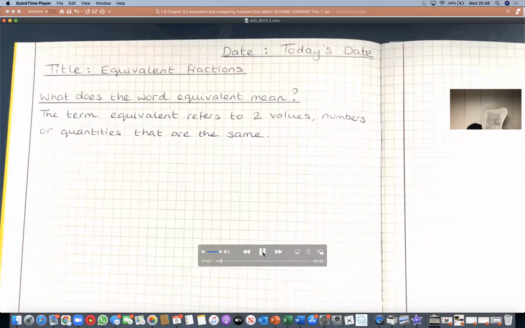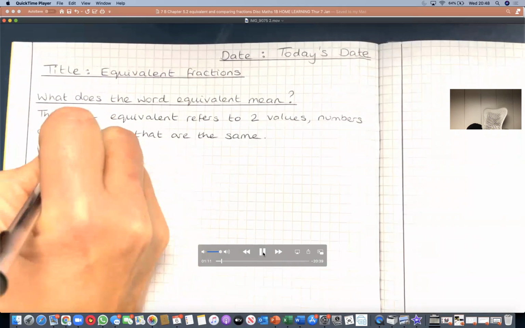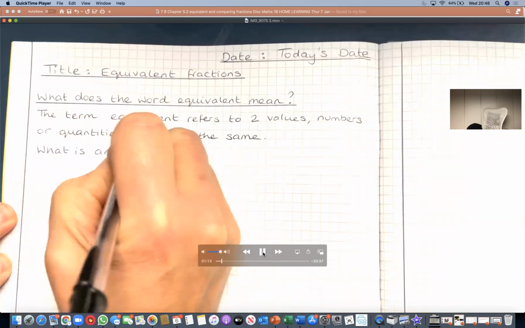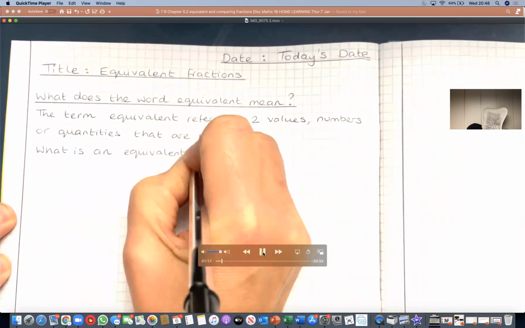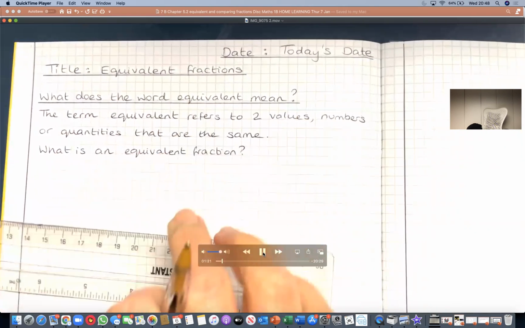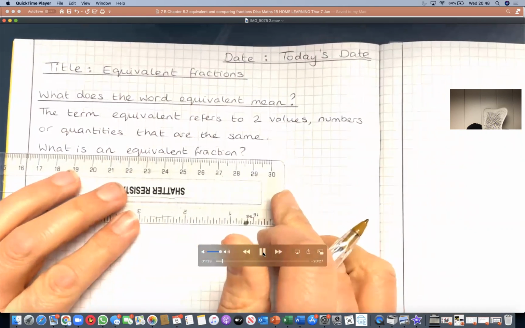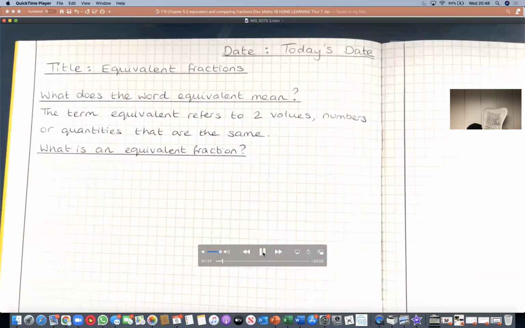What about an equivalent fraction? So next question, what is an equivalent fraction? I'm just going to underline that. As usual, you know the score in terms of setting your work out neatly, underlining your date and title, and any subheadings as we go.